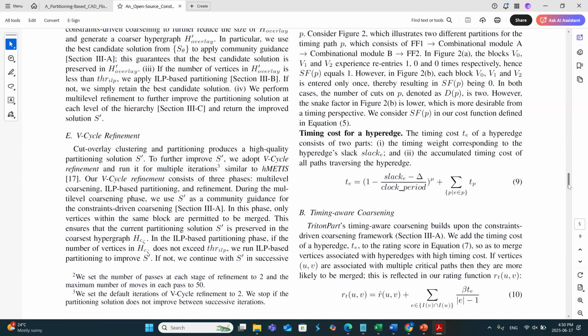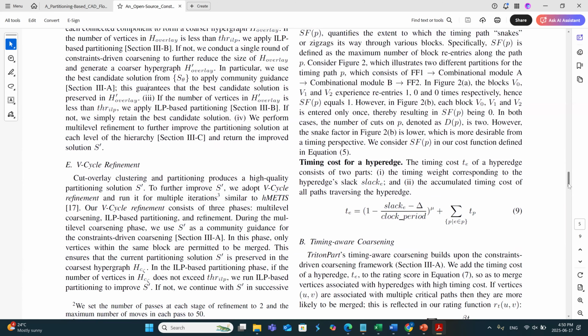Then the last thing is this V-cycle refinement, which is a classic partitioning approach. HMetis uses it too. It basically means cluster, cluster, cluster, and then refine your partitions, refine your partitions, refine your partitions as you uncluster. And they take their solutions and they do that again, right?